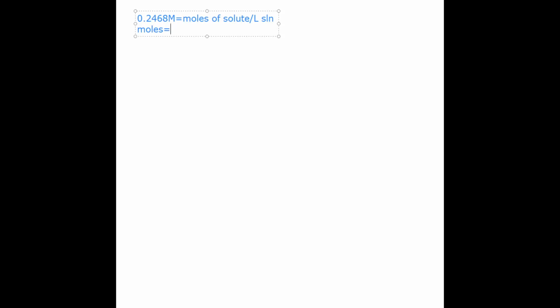But remember that when you're doing calculations dealing with molarity, you want your volume to be in liters. So if we have 100 ml, then that is going to be 0.1 liter of solution. And that will be multiplied by the molarity value that I have.